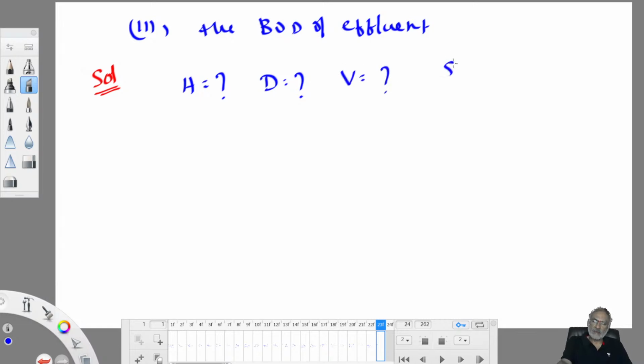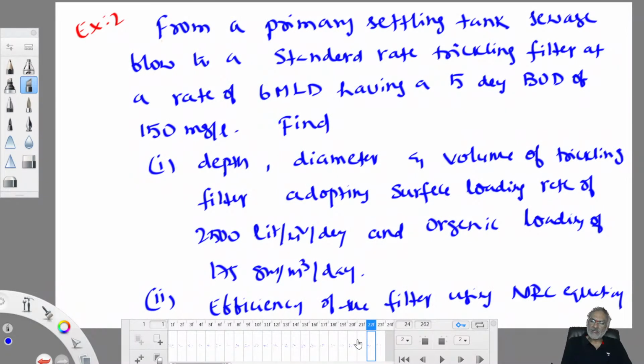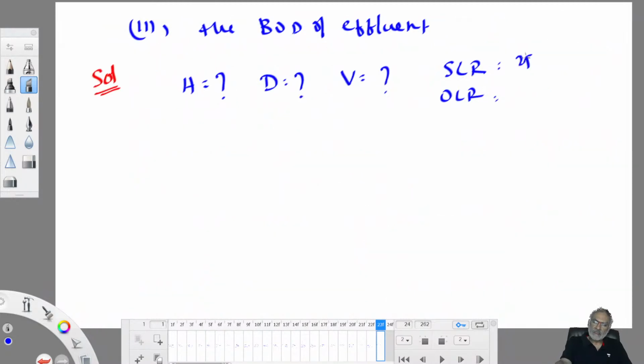So what is given to you? Surface loading rate is given as 2500 liters per meter square per day. Organic loading rate is 175 gram per meter cube per day. Next, efficiency of trickling filter.